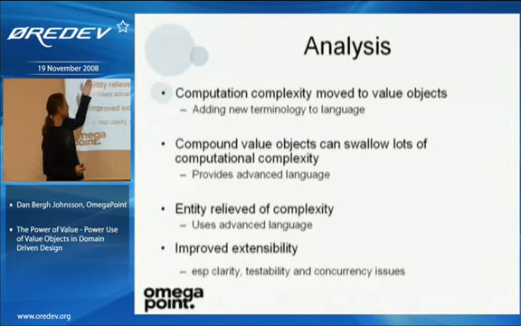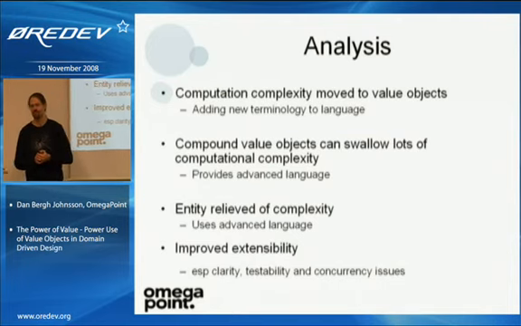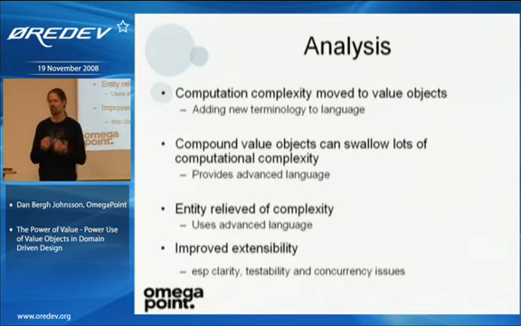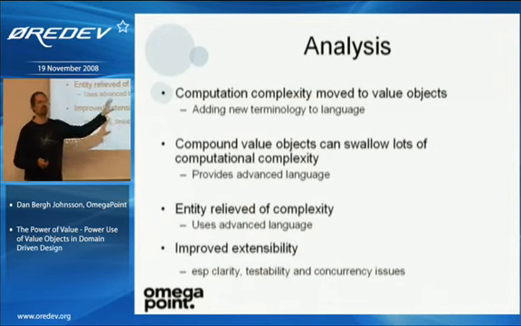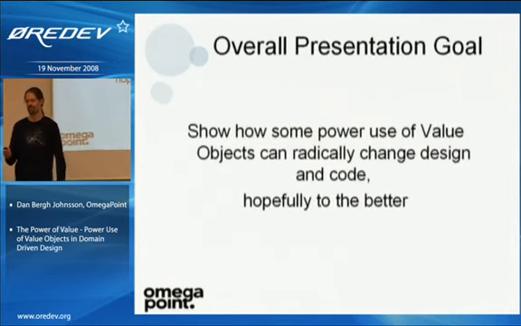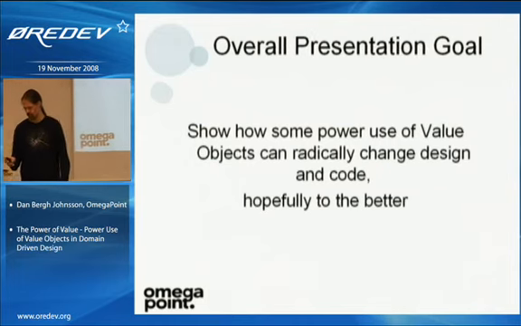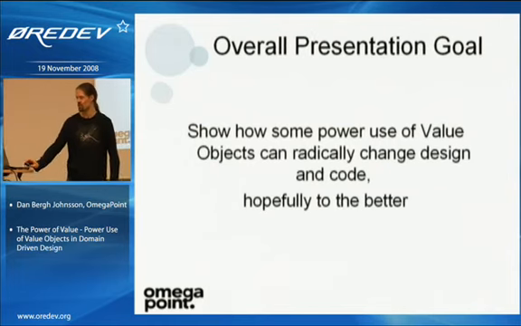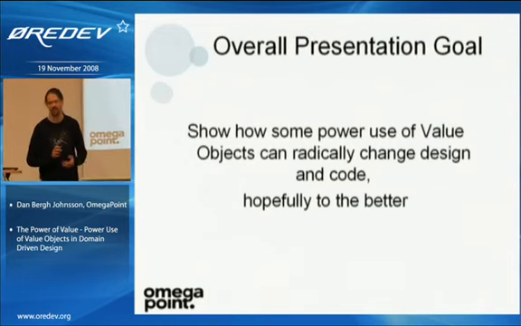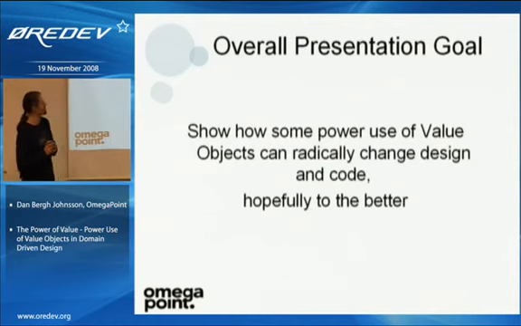The entities are thus relieved of the complexity by using this advanced language, and we get improved extensibility, especially clarity, testability, and concurrency issues. So, the overall presentation goal was to show how some power use of value objects can radically change design and code, hopefully to the better.